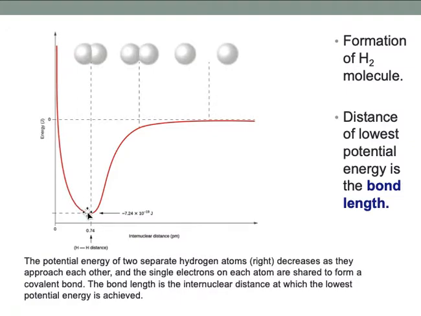If we continue to push them closer and closer together, now we start to feel a repulsion between the 2 atoms. We're pushing them too close. And so the potential energy would increase again. So this minimum in potential energy is the ideal bond distance.